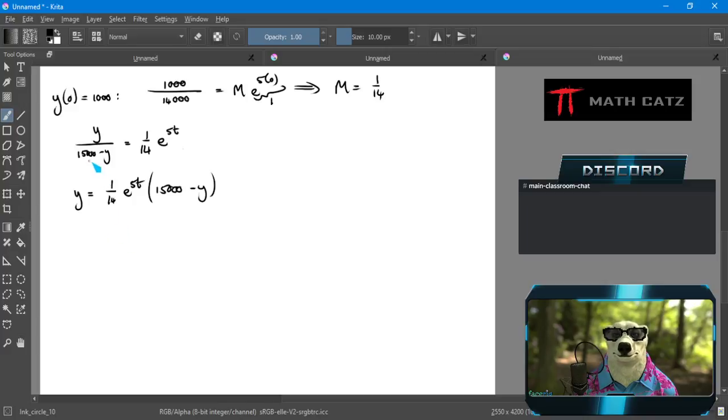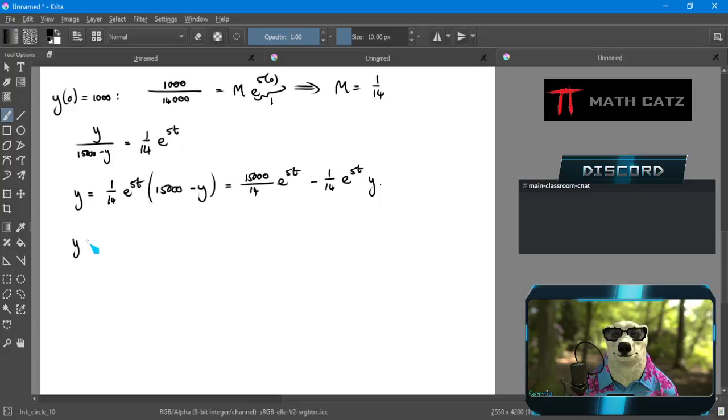So I multiply both sides by 15,000 minus y. Then I can multiply that in. So I have 15,000. I'm going to leave it like this. e to the 5t minus 1 over 14 e to the 5t y. And leaving it like this and not simplifying these numbers makes it easier if you ever were to derive this in general.